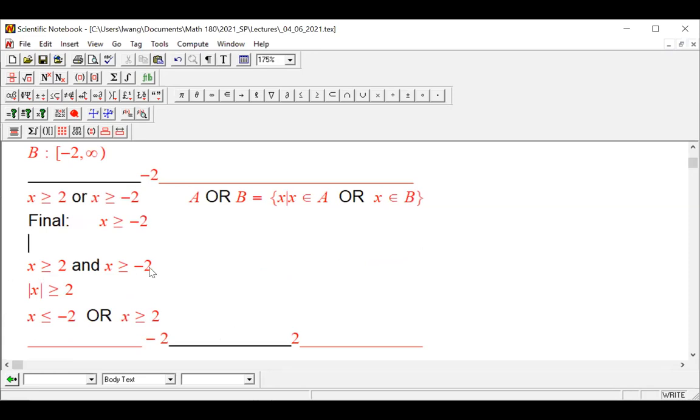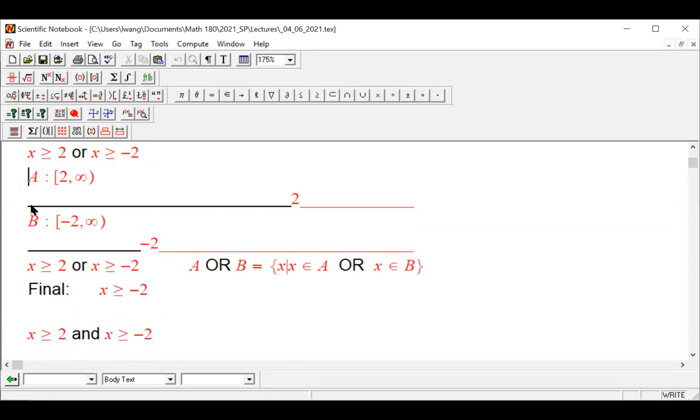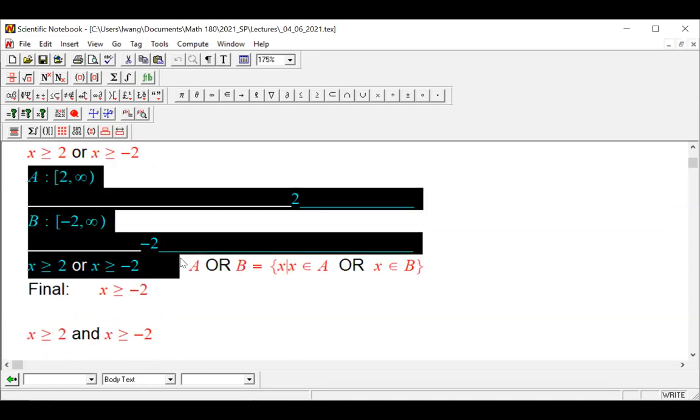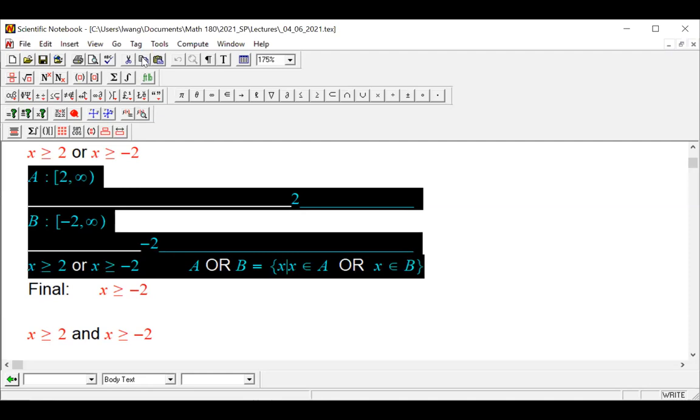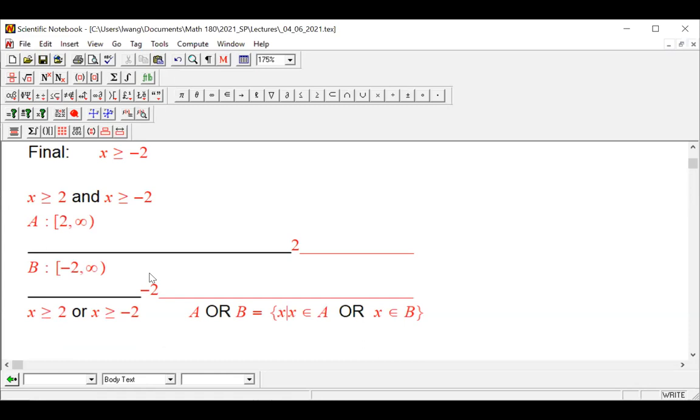Now, the other interpretation, okay, is still A, B, but it's "and." Okay, in the other interpretation, when it's "and," this is "and."